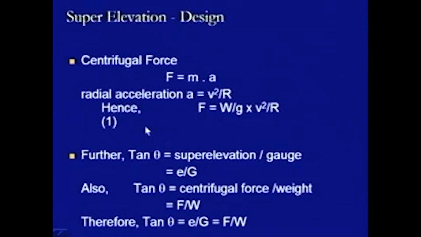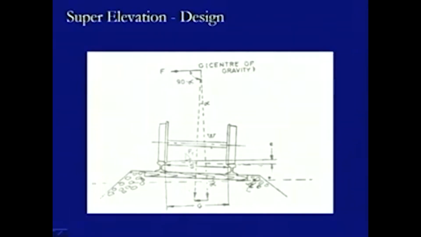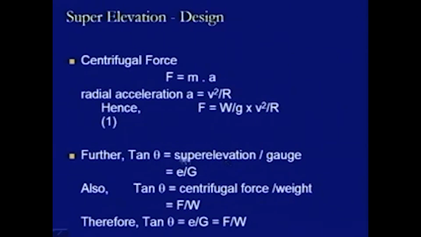Further, as we have seen, this is the smaller angle by which it is getting tilted up, which is defined as alpha here. On this side it is defined as theta. So, alpha or theta, they are the same thing.